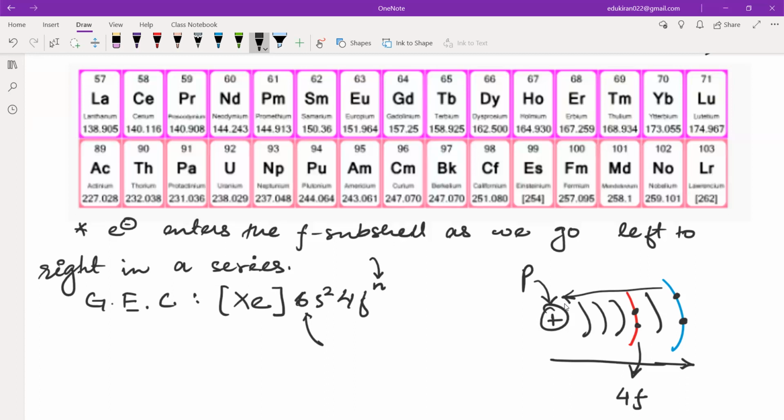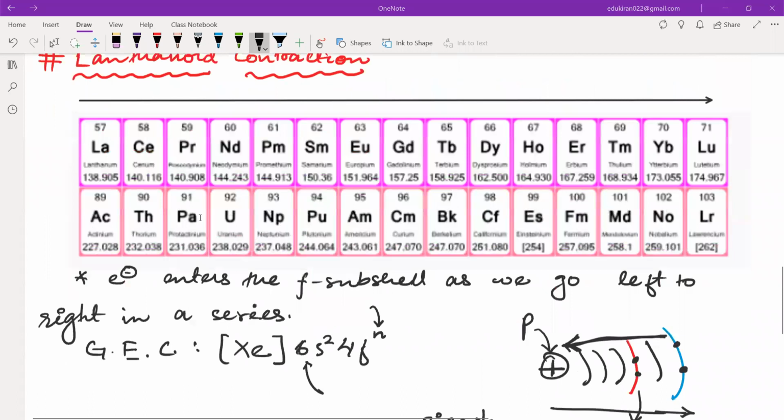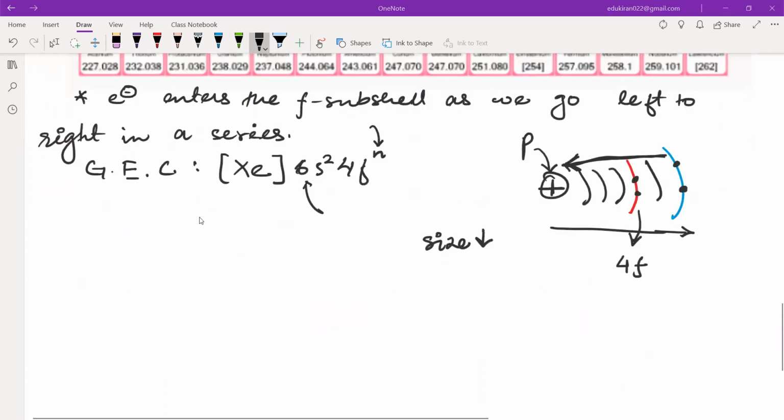If the attraction between the outermost electron and the nucleus increases, what will happen to the size? Size will decrease. That is why it is known as lanthanide contraction.